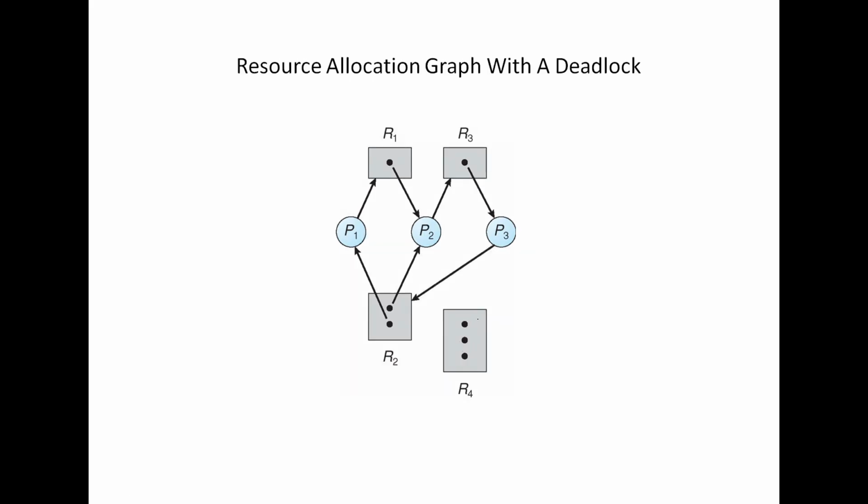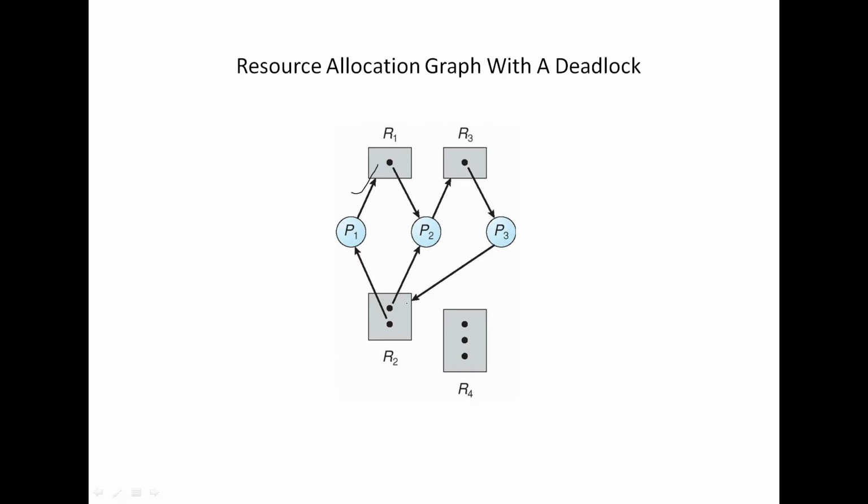Now this diagram has a deadlock. How do we get the deadlock? P1 is requesting R1, and that resource is already allocated to P2, and P2 is requesting R3, but R3 is allocated to P3.